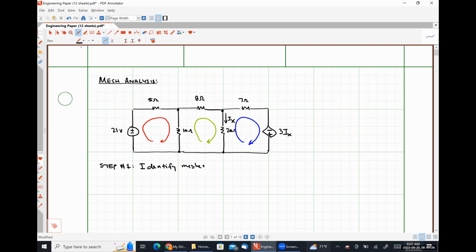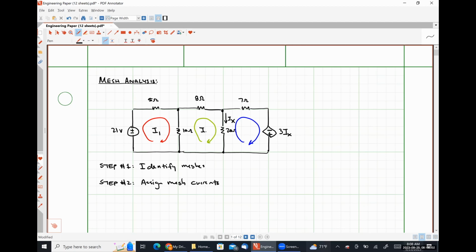Our next step will be to assign mesh currents. So a mesh current is a current that flows around the mesh. So for this leftmost mesh, let's call this I1.